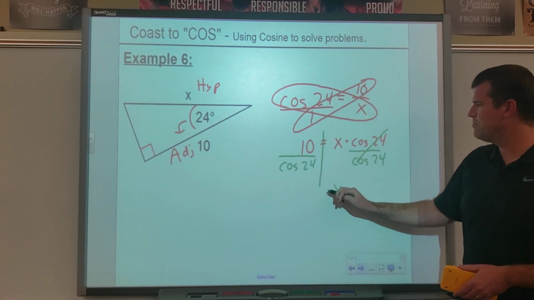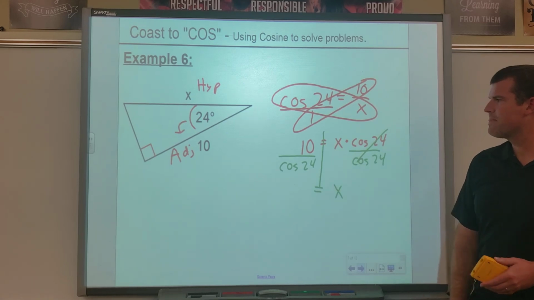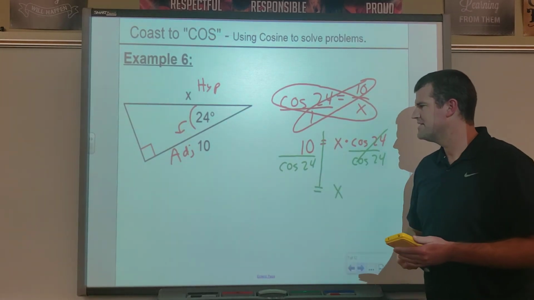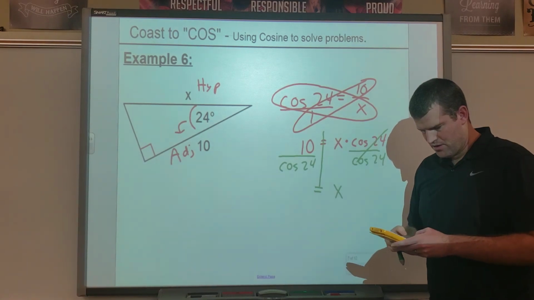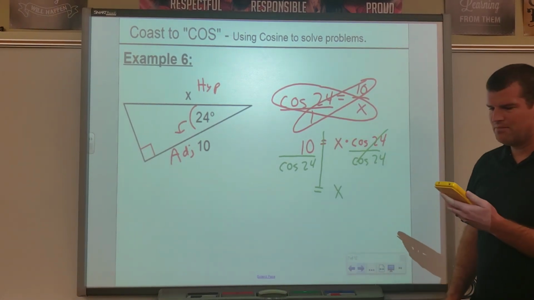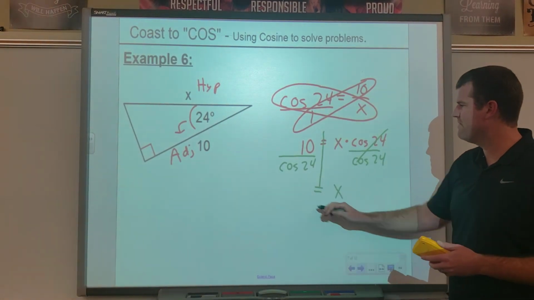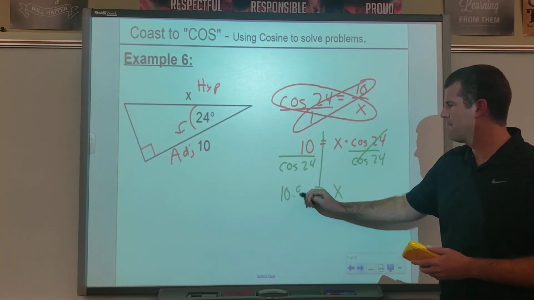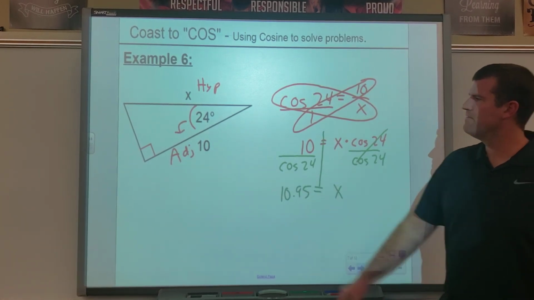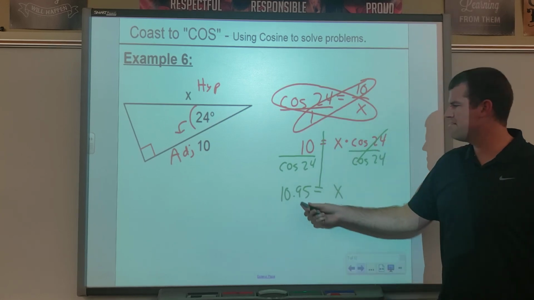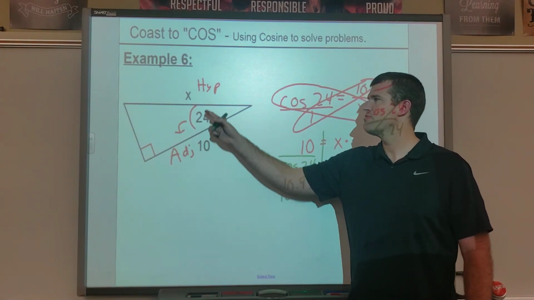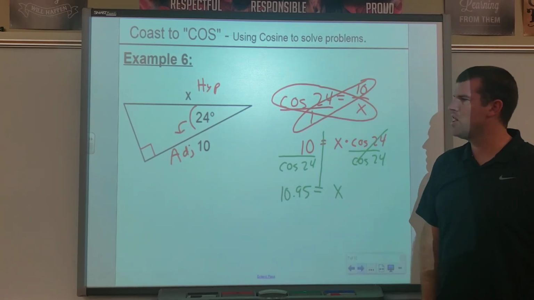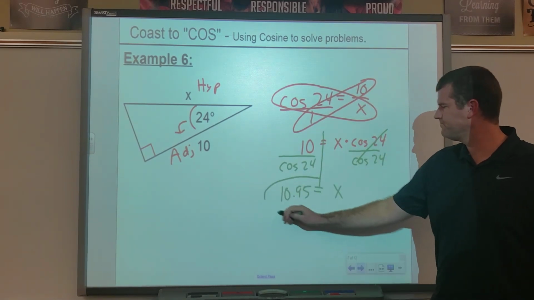And so I end up with x equals, and then in my calculator, 10 divided by cosine 24, which was 10.95 if we round it. So the length of the hypotenuse is 10.95 units, which is larger than 10. So that's good that our hypotenuse was longer than the leg.